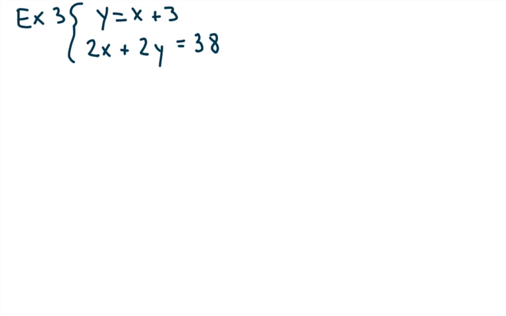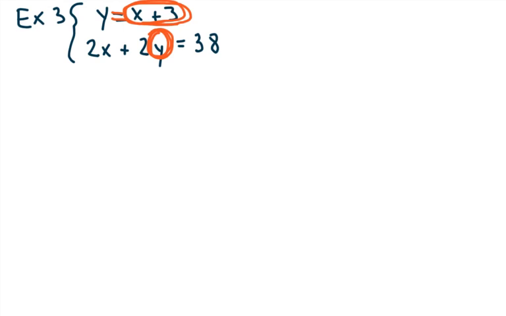So step 1 is to take what I know y value is, x plus 3, and I plug it in for the y. This one is different because the y is in a different spot than the other two examples. I'm going to plug x plus 3 in for the value of y.